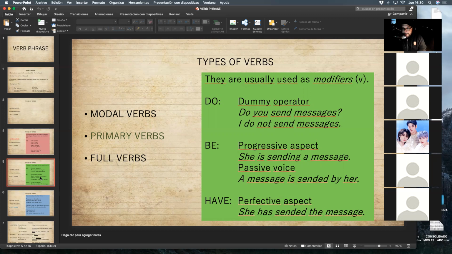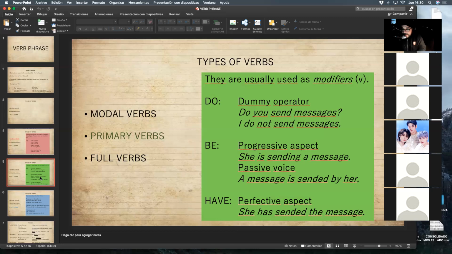The verb be is also a primary verb, and you can find it in the progressive aspect, right? For example, she is sending. You can see the verb be in its third person singular form, the S form, therefore inflected by the bound morpheme Z2, and then followed by the ing form or present participle of the main verb in order to create the progressive aspect.